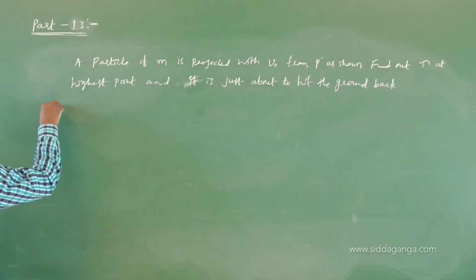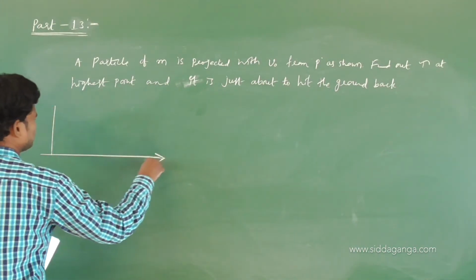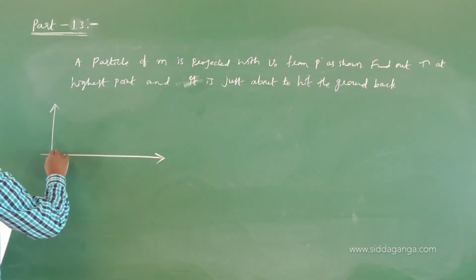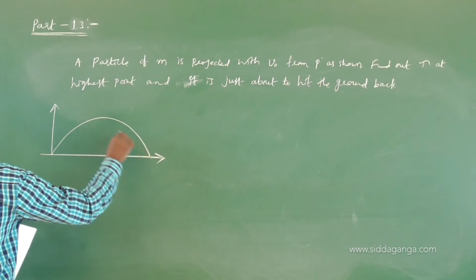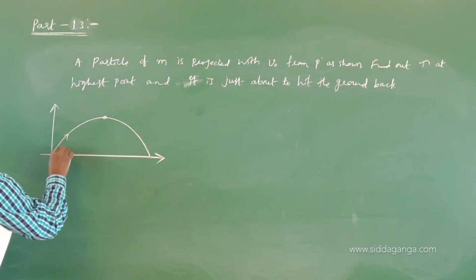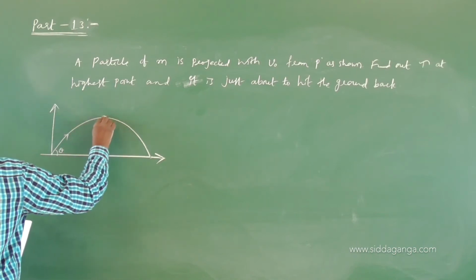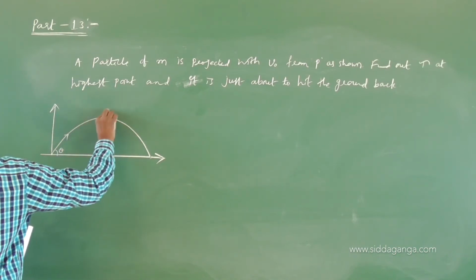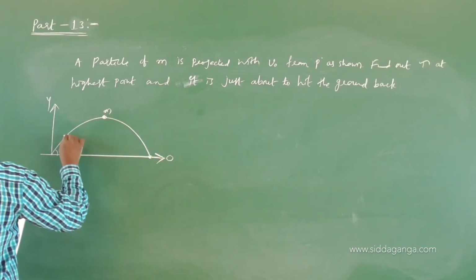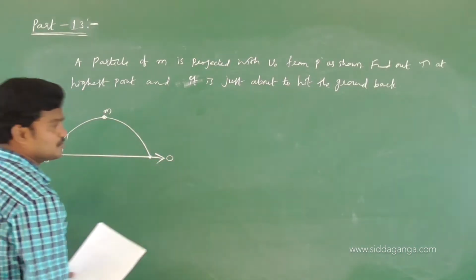See, let me draw the diagram. I am continuing torque and angular momentum both at a stretch. So this is the particle whose mass is m. Read the question twice.